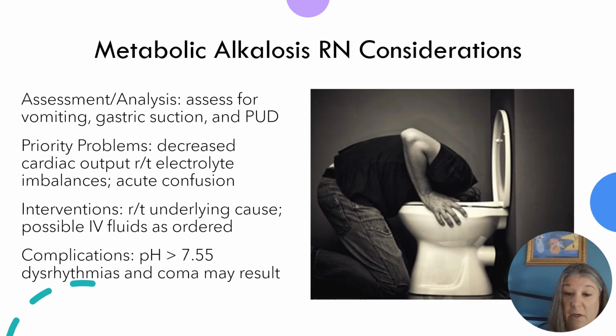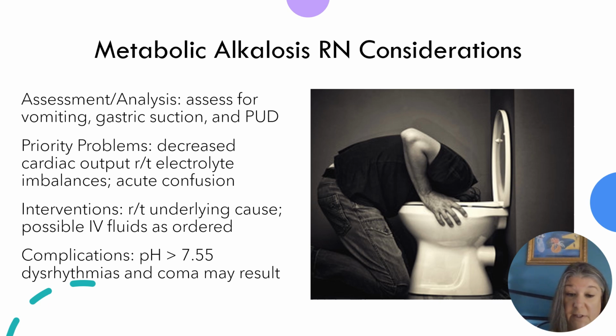Metabolic alkalosis RN considerations: assess for vomiting, gastric suction, PUD. Priority problems, decreased cardiac output related to electrolyte imbalances. And then with those electrolyte imbalances, we can have confusion. So with confusion comes risk of falls, all that sort of thing.